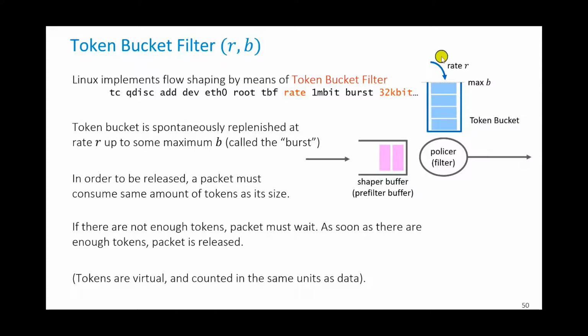Now the tokens are magically generated at a rate R. So imagine there's an infinite source of tokens that pours into the bucket at rate R here, right? Until the bucket is full. When the bucket reaches the level B, then it stops. The source stops or it spills out, so the bucket doesn't fill anymore.